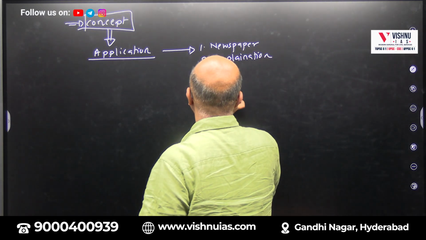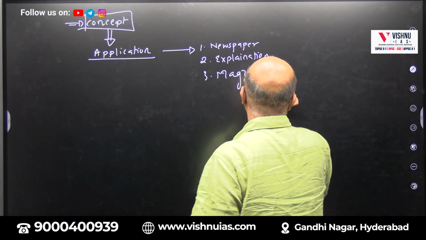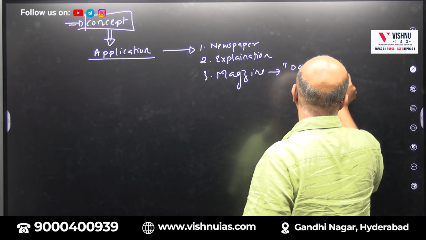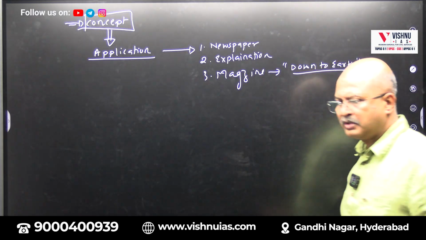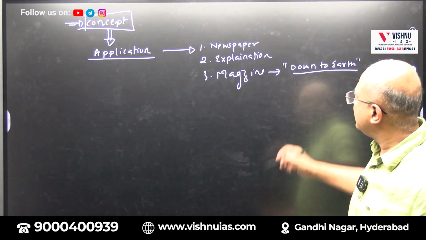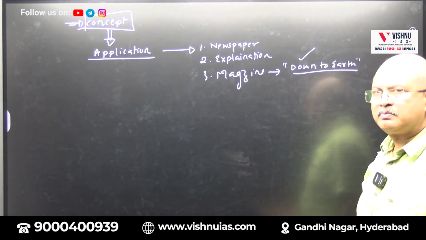Third, magazines. Like we have Down to Earth magazine, Geography and You magazines. They take up one particular topic and explain that, and that explanation is very much important to write the application part, right?